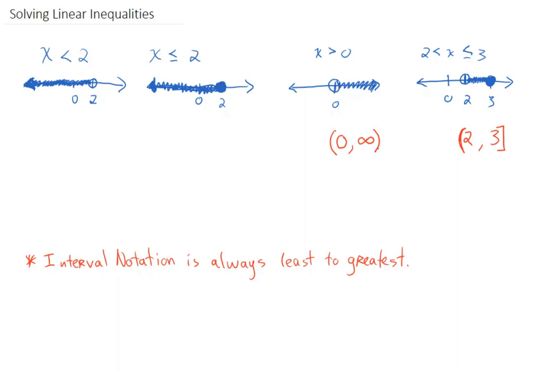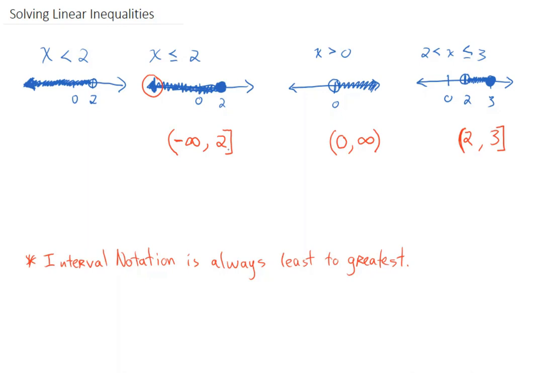Okay, now on the next one, working backwards over here, we have it pointing to the left. Now that is also saying it's going to infinity, but in the negative direction. So the way we write that is negative infinity, reading left to right, and it's going to go until 2. So for the infinity, it's always going to be round, and at the 2 it's a solid point, so it's going to be square.